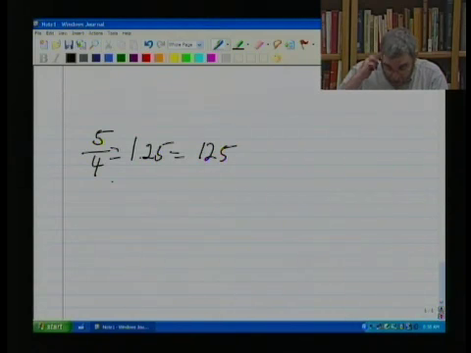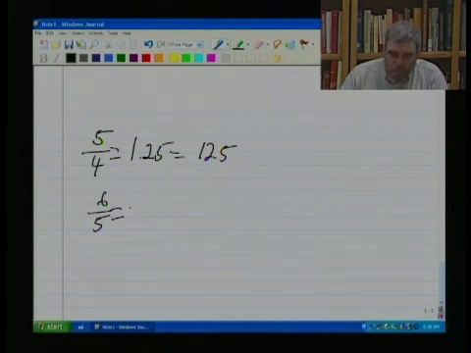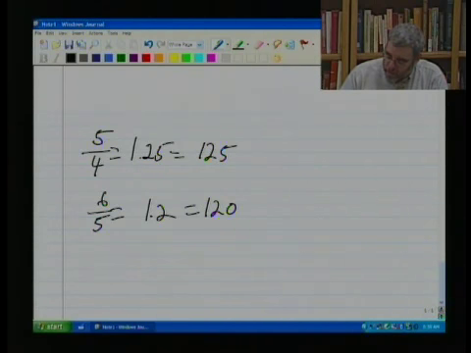Next year, the kid is still ahead. The kid has a mental age of 6 and is 5. What's 6 divided by 5? 1.2. 1.2 times 100, the kid's IQ is 120. Let's go to 10. The kid's still a year ahead. The kid's 9, with a mental age of 10.